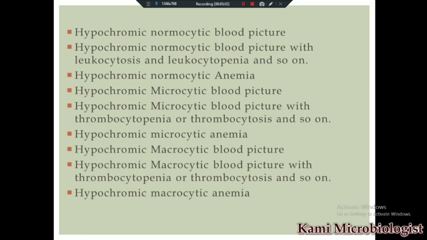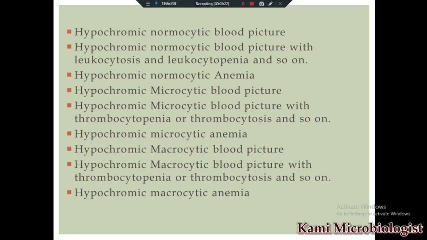When the leukocyte value is low, we call that leukocytopenia. When the thrombocyte value is high, we call that thrombocytosis, and when it is low, we call that thrombocytopenia.